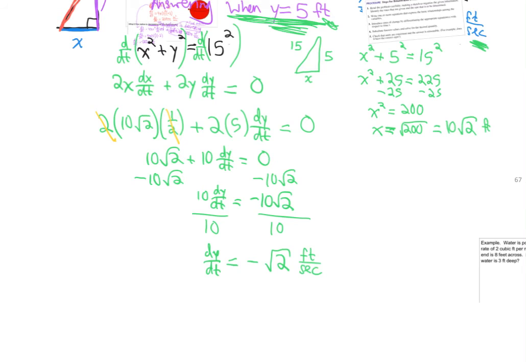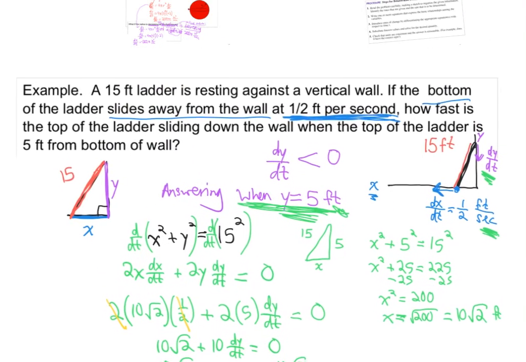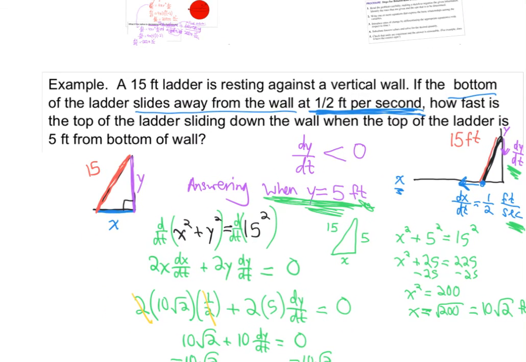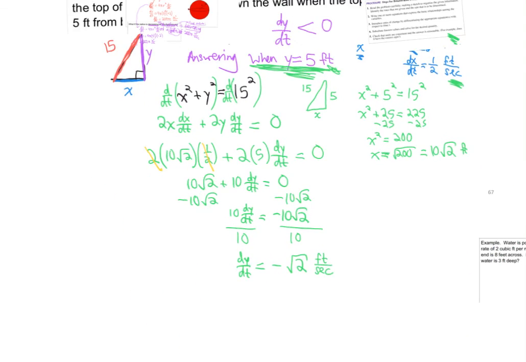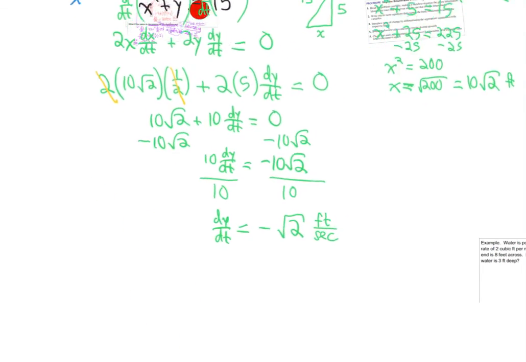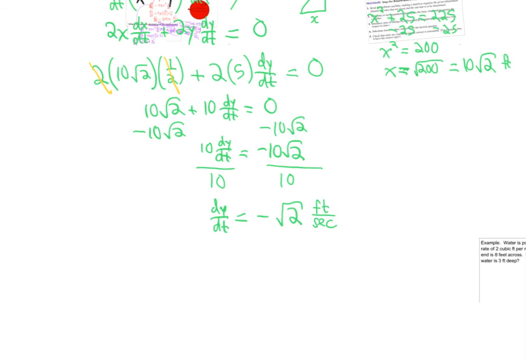Again, to write this as a sentence to answer the question, how fast is the top of the ladder sliding down the wall when the top of the ladder is 5 feet from the bottom of the wall? So the main phrase we need is how fast is the top of the ladder sliding down the wall? So let's use that to try to write a final answer in a complete sentence.